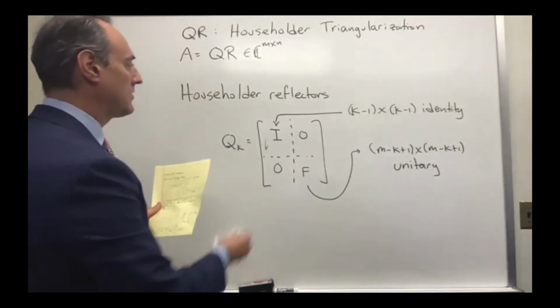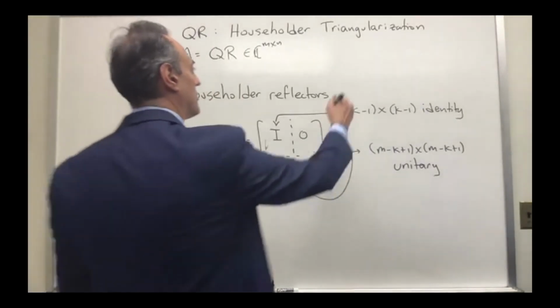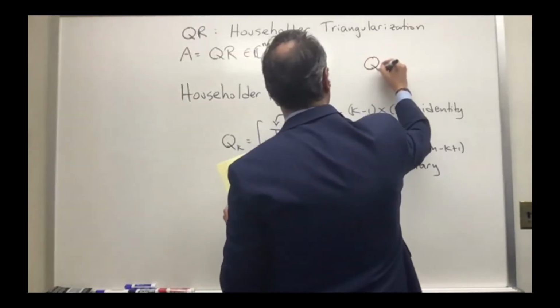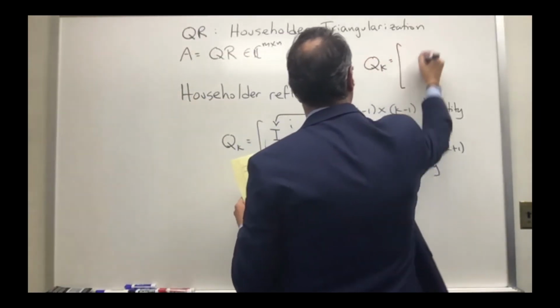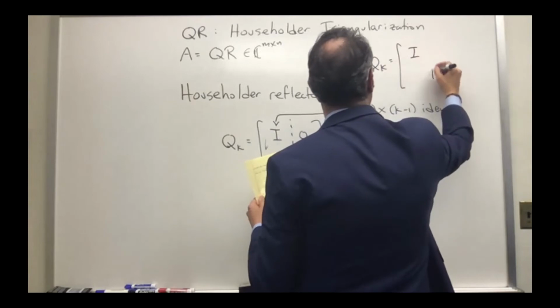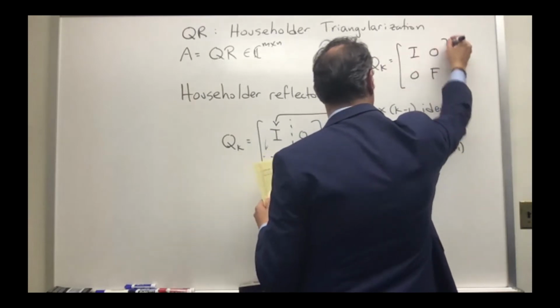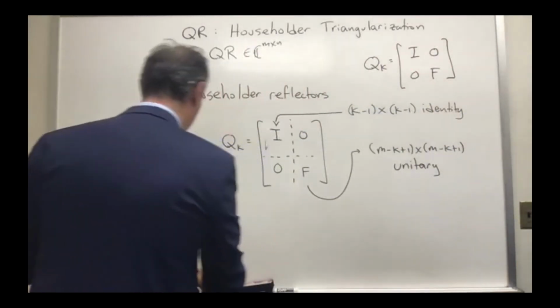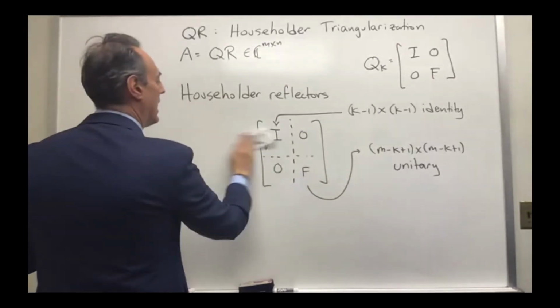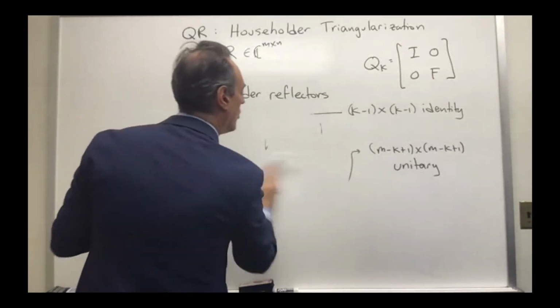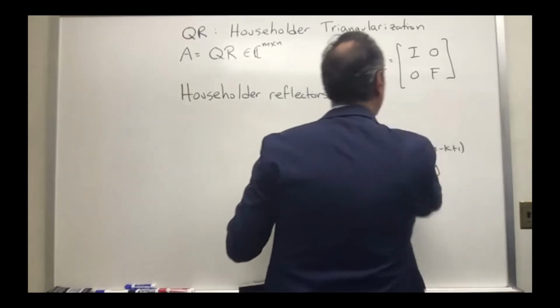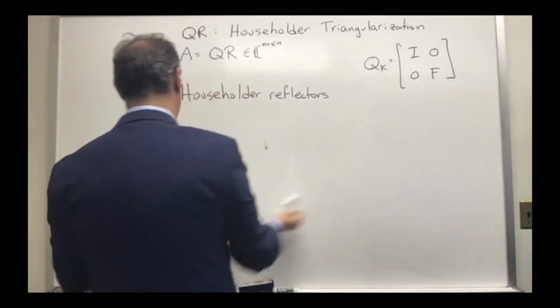Okay, so that's going to be the form of this thing. So let me write this Q of K up here. Identity, F, 0, 0. That's the form that I want to take. And let's talk about what this thing has to do in this operation.